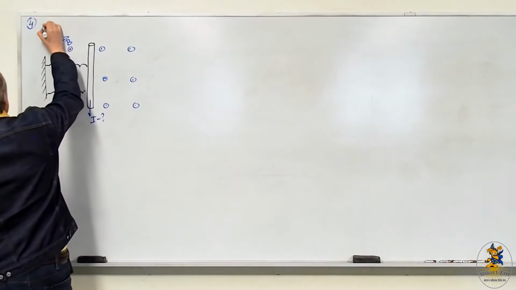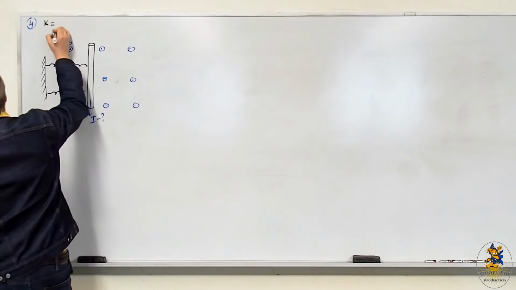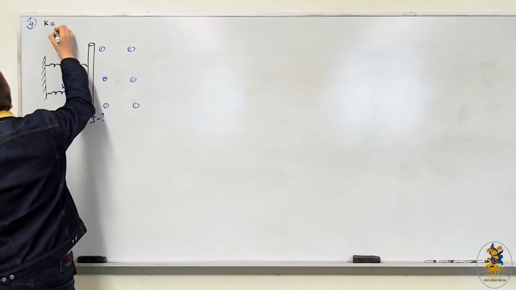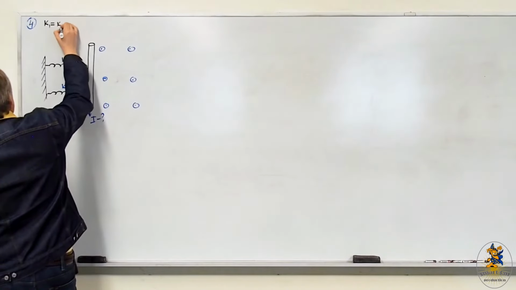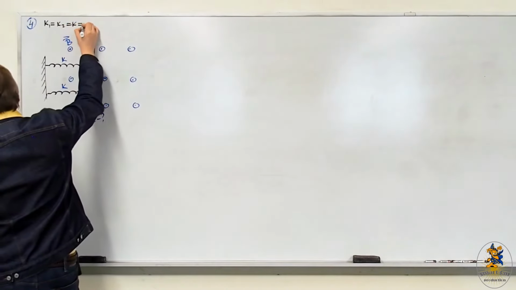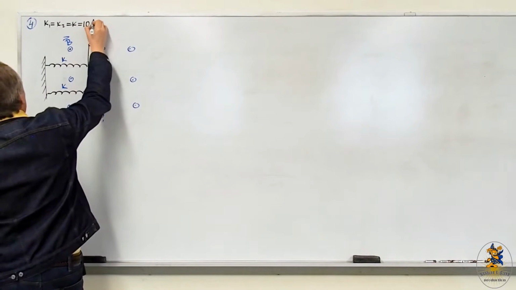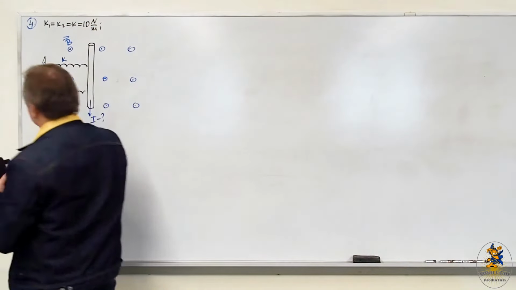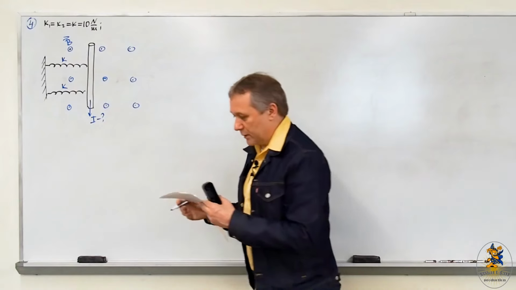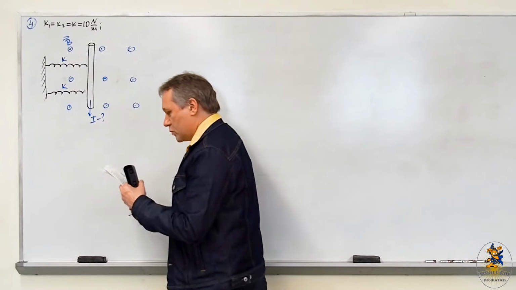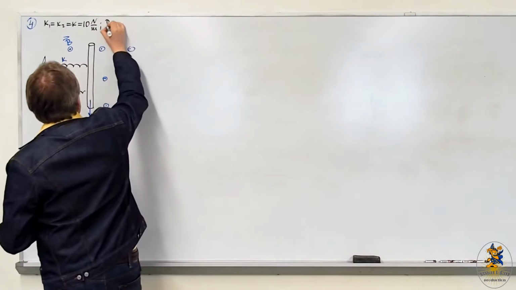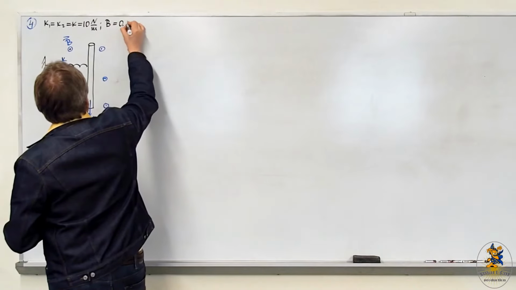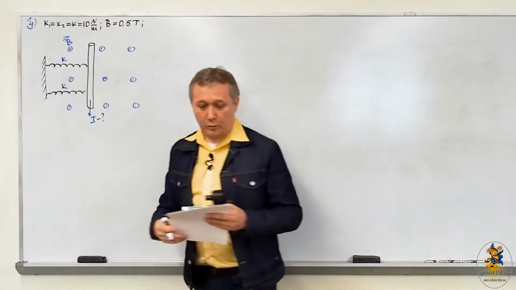So the two spring constants are K1 equals K2 equals K equals 10 newtons per meter. Then magnetic field, 0.5 Tesla. Direction is shown.